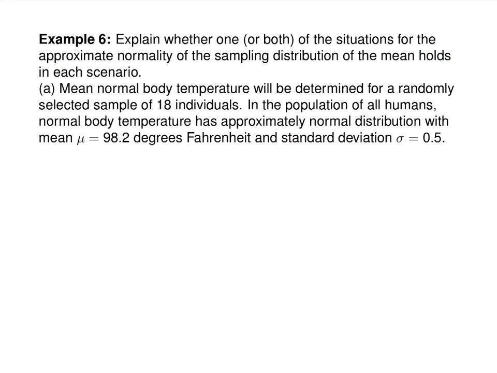So explain whether one or both of the situations for the approximate normality of the sampling distribution of the mean holds in each scenario. The mean normal body temperature will be determined for a randomly selected sample of 18 individuals. In the population of all humans, the body temperature has an approximately normal distribution with mean 98.2 and a standard deviation of 0.5. So is condition 1 met?